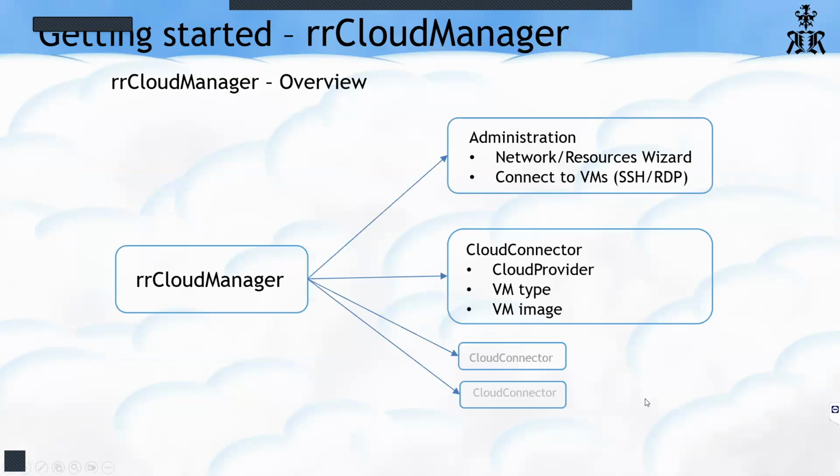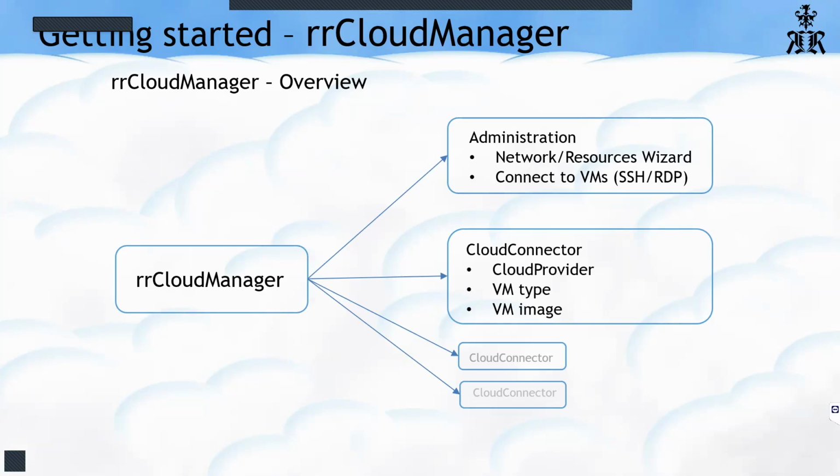Okay, so now we have the Cloud Manager, but what exactly is the Cloud Manager? As I said, it does a lot of administration work, like creating your network resources, creating VM resources, connecting to your VMs. Behind the curtains, it acts as a sort of proxy to communicate between server and your clients.